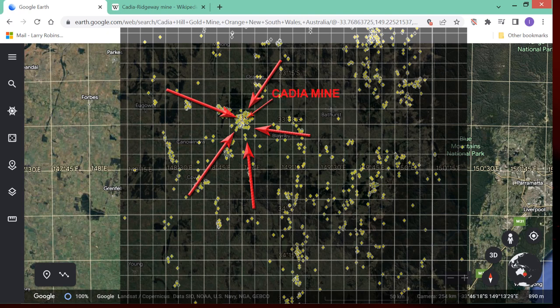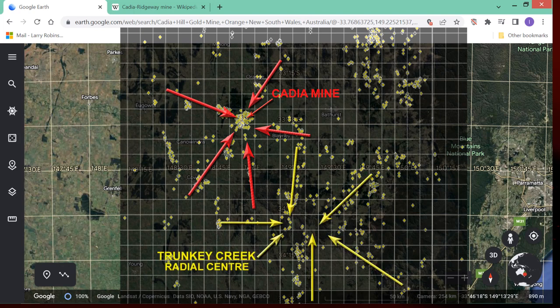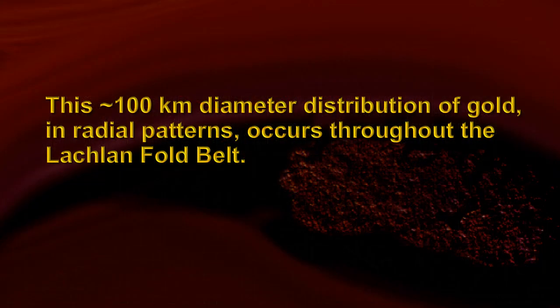The Cadia mine at the very center of a radial pattern. One can see here both the Cadia mine radial pattern and the Trunky Creek radial pattern are essentially the same size, that is, approximately 100 kilometers in diameter. This approximate 100-kilometer diameter distribution of gold in radial patterns occurs throughout the Lachlan Fold Belt.